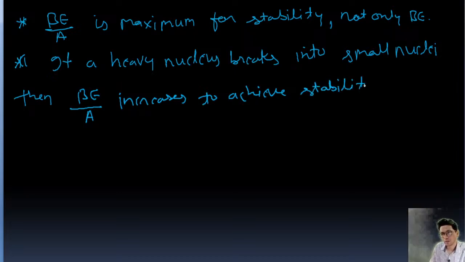If a heavy radioactive nucleus breaks into small nuclei, the binding energy increases, because every nucleus wants to be stable, so they disintegrate. They become more stable, which means the binding energy increases to achieve stability.